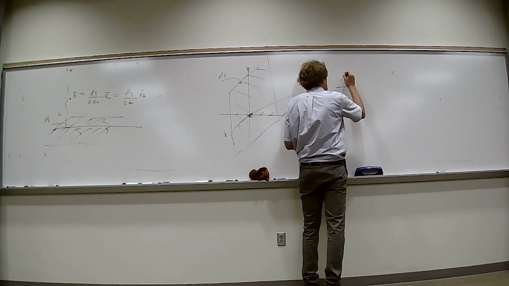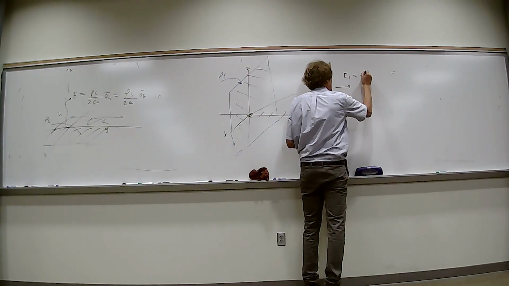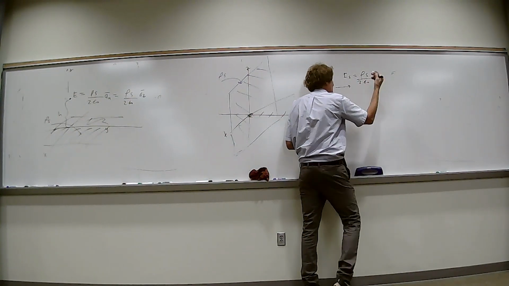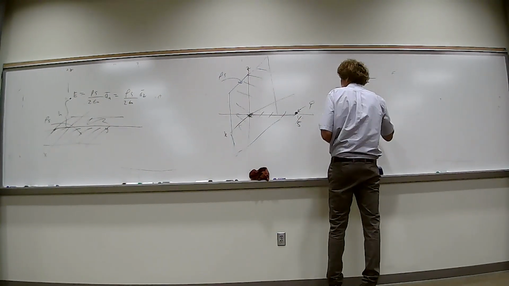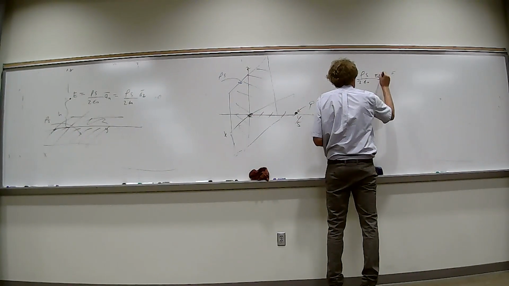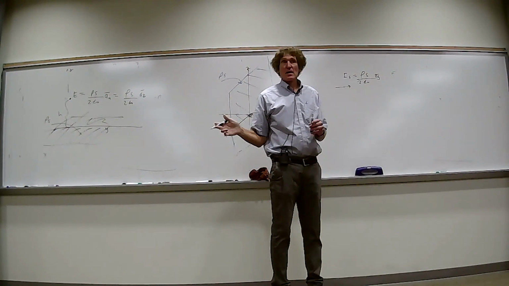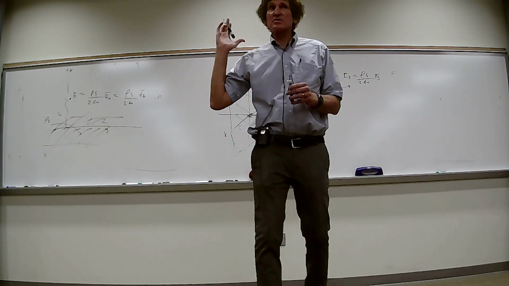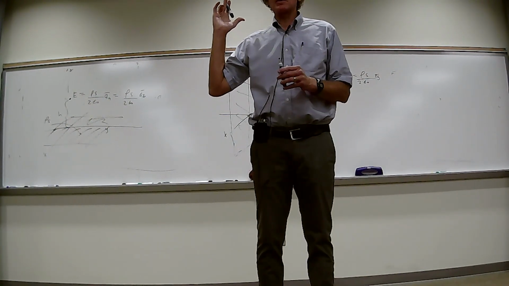The value would be what? Whatever rho S is over 2 epsilon naught. In this case, it would be in the positive y direction, right? Y'all agree? That plus whatever the electric field is from that charge Q has to be 0, correct, class?